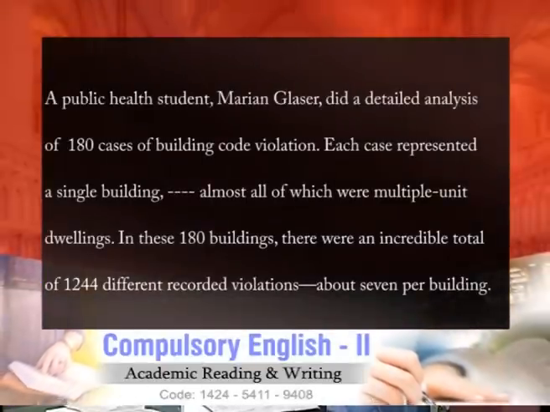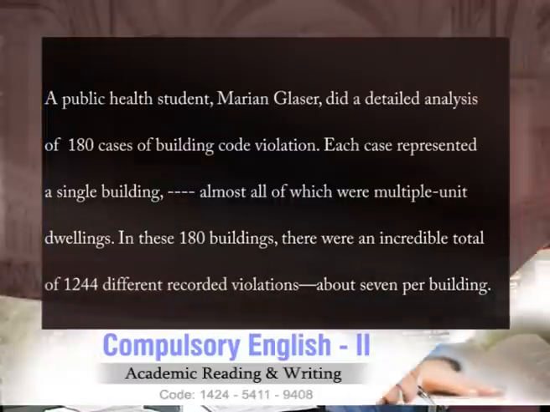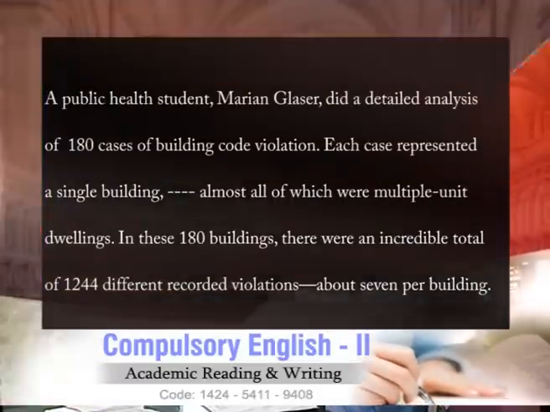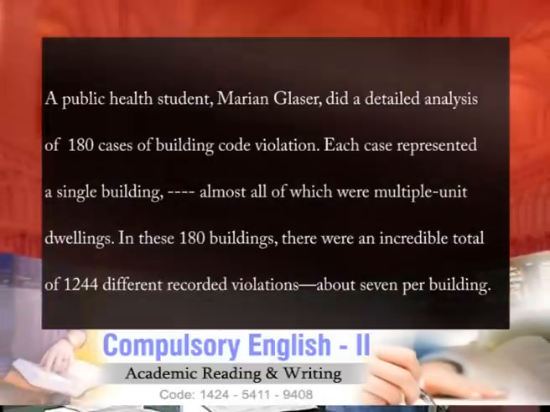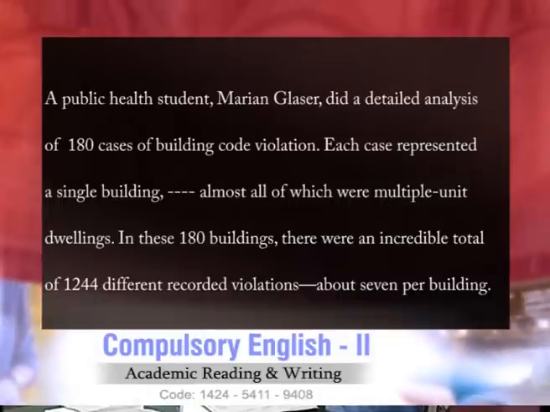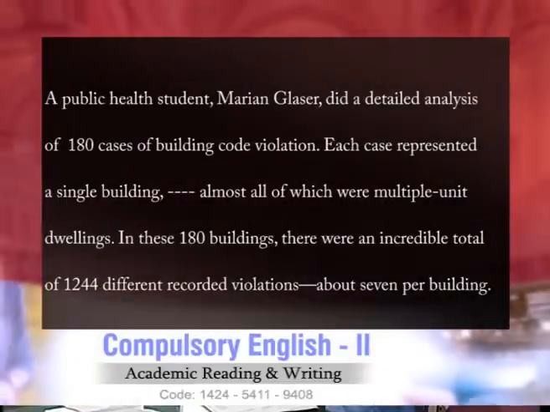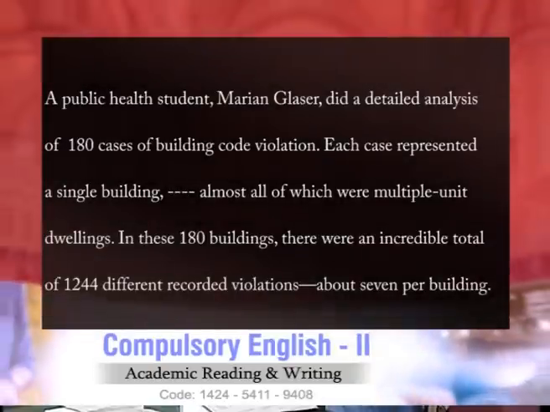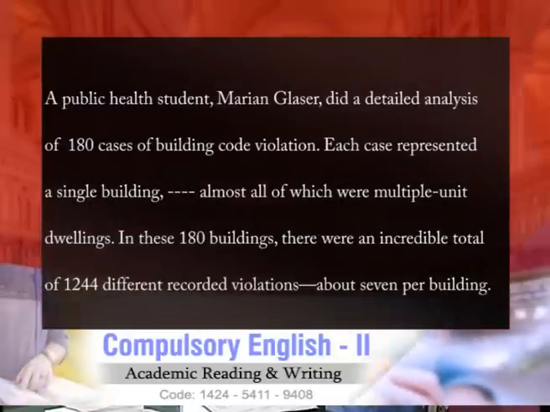A public health student, Marian Glaser, did a detailed analysis of 180 cases of building code violation. Each case represented a single building, almost all of which were multiple unit dwellings. In these 180 buildings, there were an incredible total of 1,244 different recorded violations, about 7 per building.